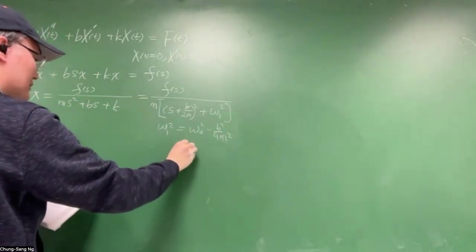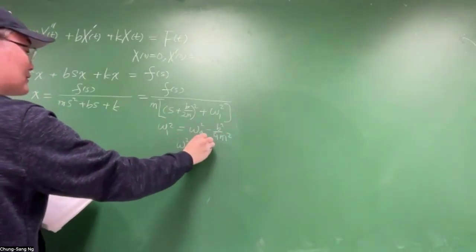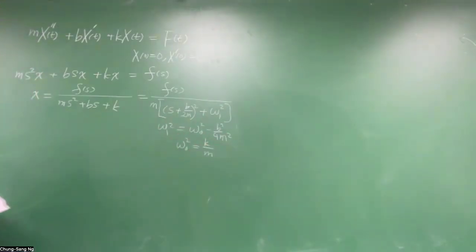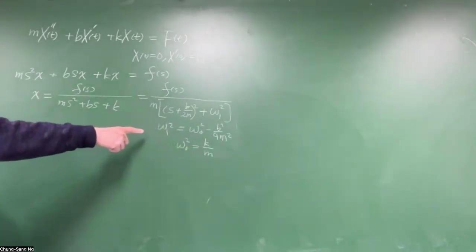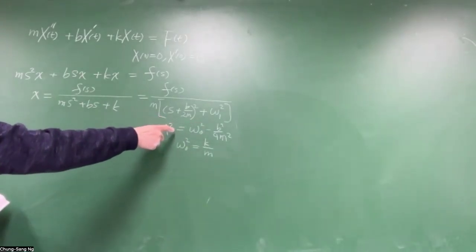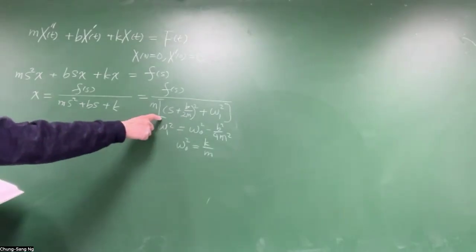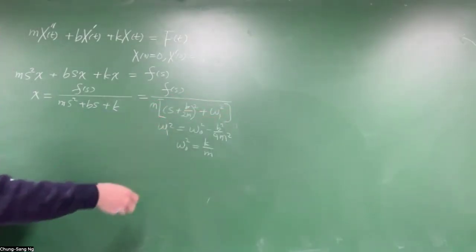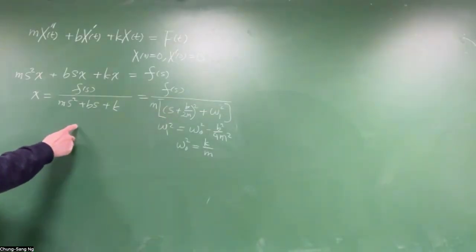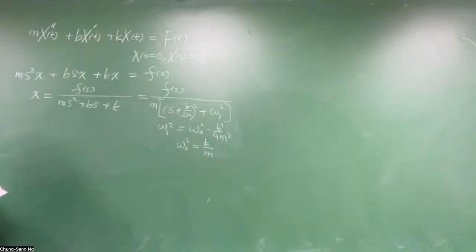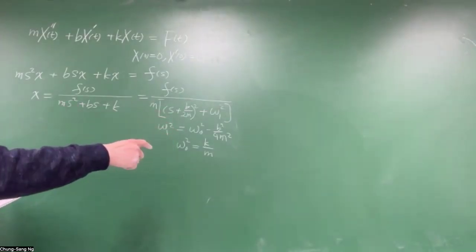This omega 0 squared is just the intrinsic frequency, k over m. Okay. So now with the complete square like that, we did before, the inverse Laplace transform of that is straightforward. So let's just write more explicitly.